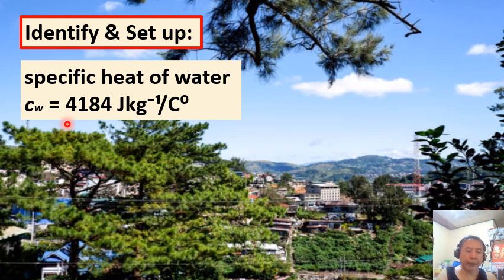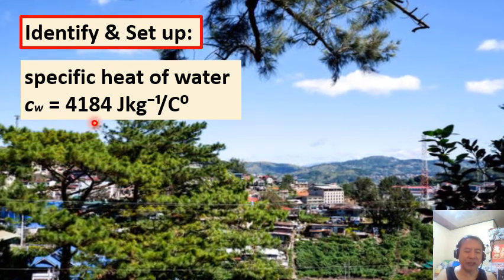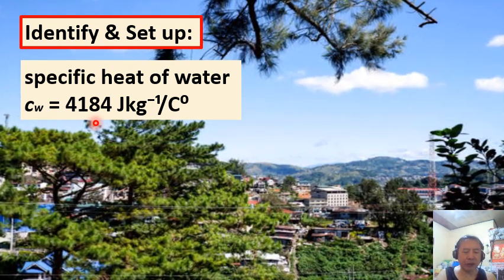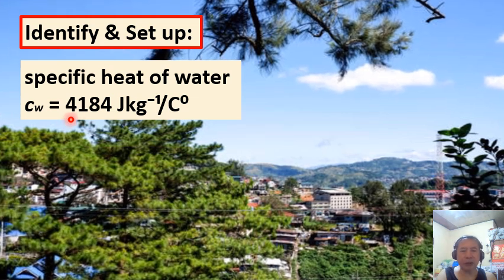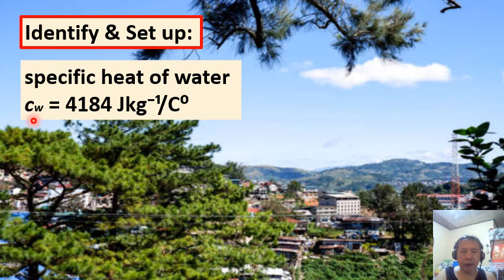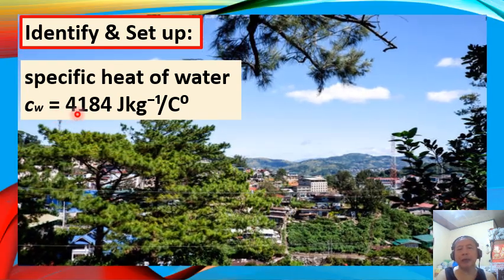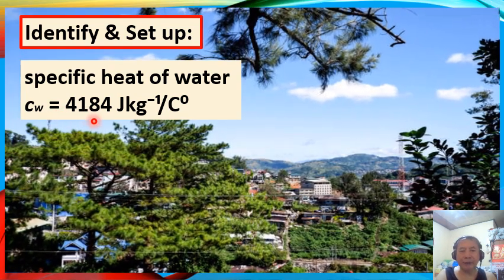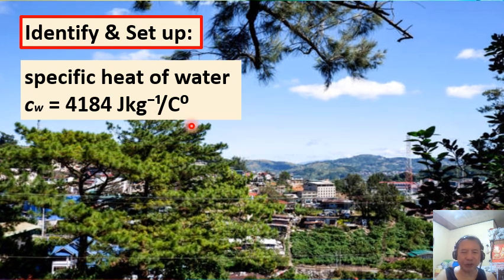We also emphasize here the following constants that we need in our computation, such as the specific heat of the liquid water, or c sub W equal to 4,184 joules per kilogram per Celsius degree.